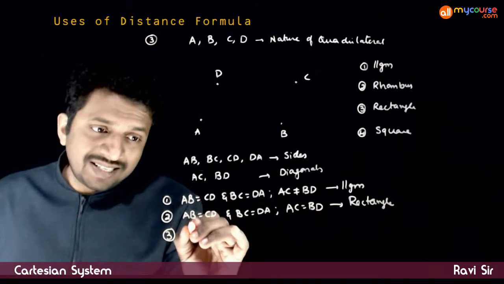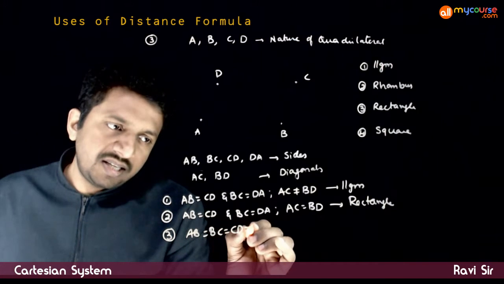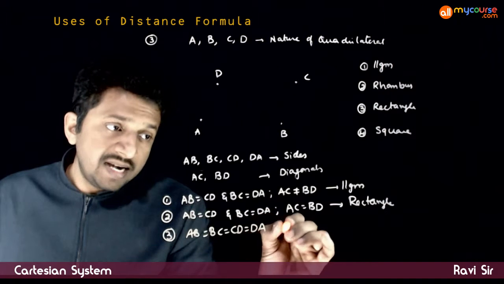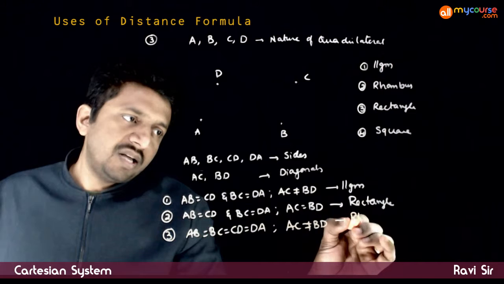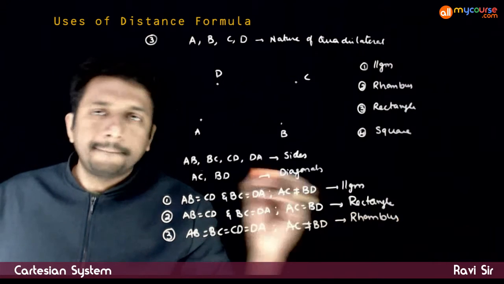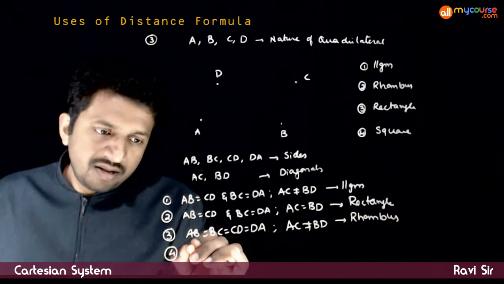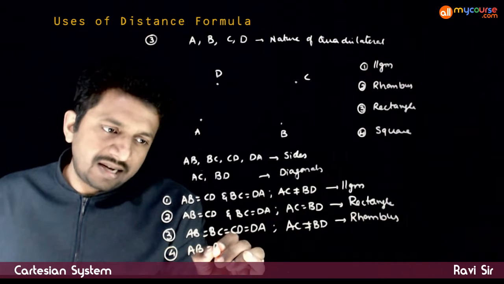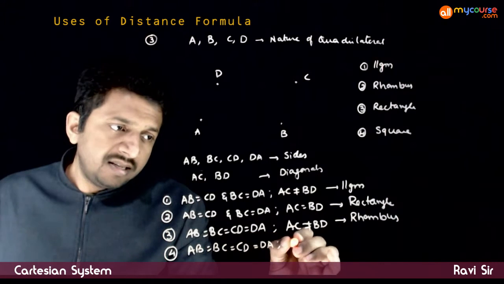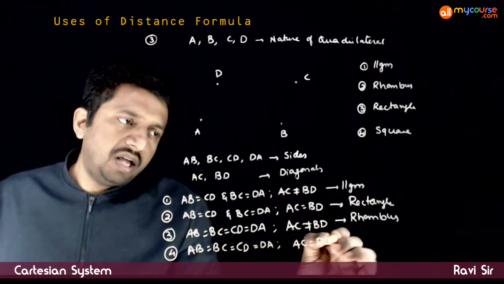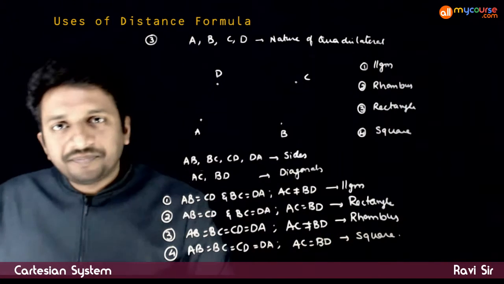If all the sides are equal, if AB is equal to BC is equal to CD is equal to DA and the diagonals are not equal, then it becomes a rhombus. And the final figure, if all the sides are equal and the diagonals are also equal, the figure formed will be a square.